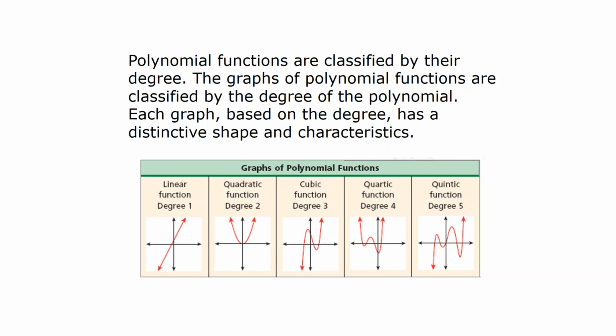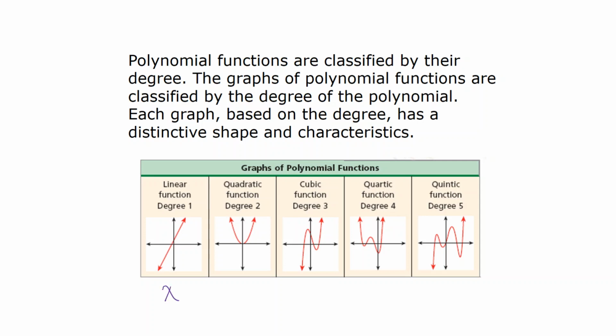All right. You may have seen this chart before, so let's talk a little bit about it. It says polynomial functions are classified by their degree. The graphs of polynomial functions are classified by the degree of the polynomial. Each graph, based on the degree, has a distinct shape and characteristics. So notice that a linear function is going to have a degree of 1.